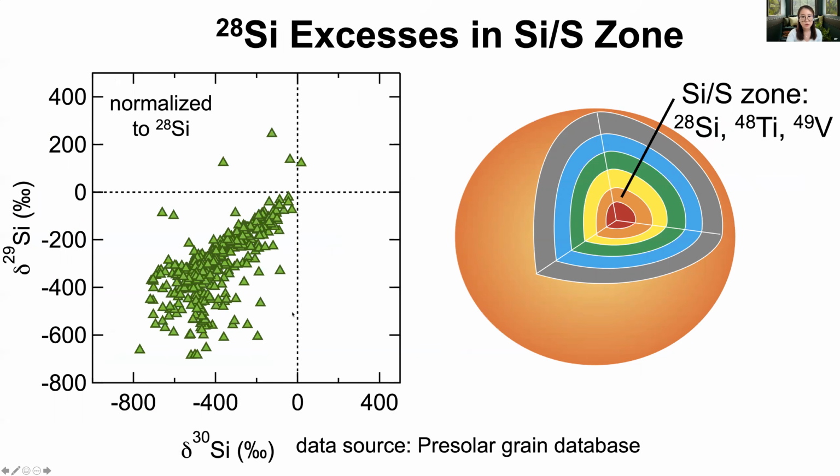Most X grains have negative delta values, meaning excesses in the denominator isotope silicon-28 compared to the solar system composition. In a type 2 supernova, the silicon-sulfur zone is the only place that contains pure silicon-28. So X grains must have sampled material from this inner silicon-sulfur zone.